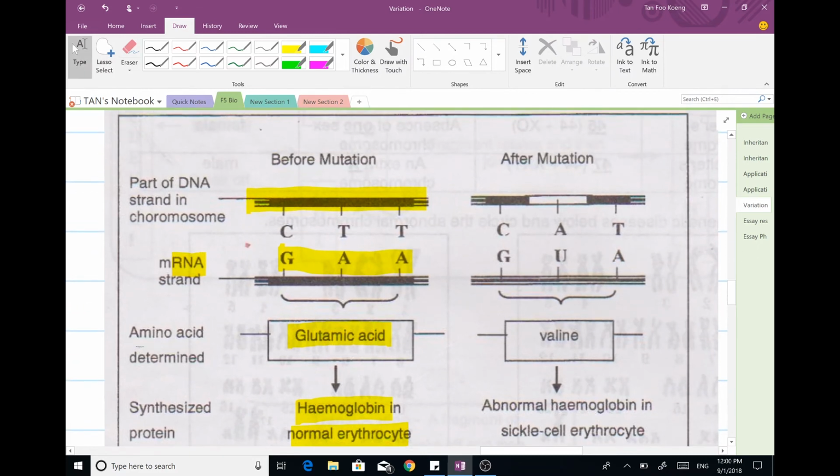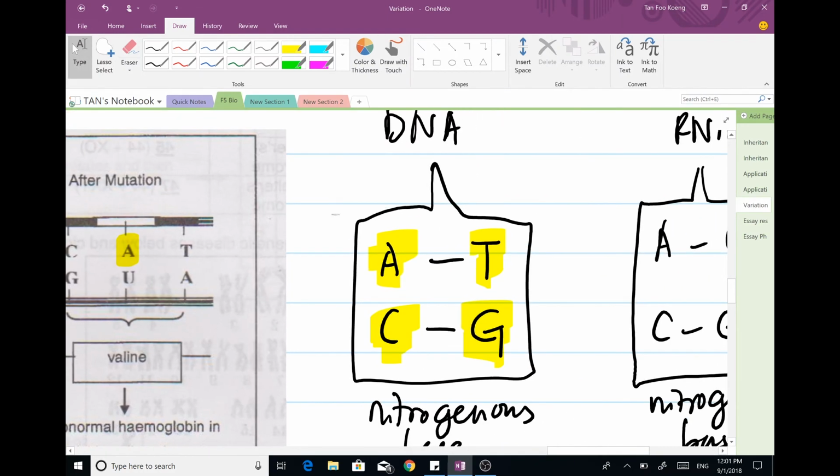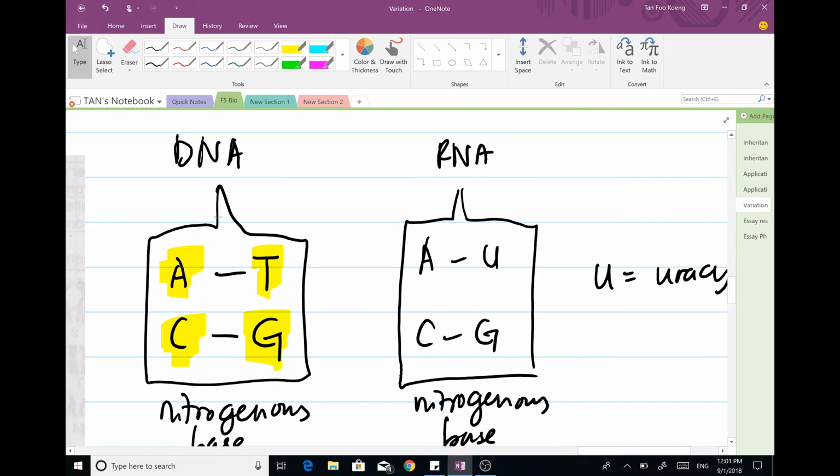However, if this nitrogenous base is substituted, can you see that the thymine is substituted by adenine? Right now, the RNA will copy the information as GUA. Now, where does the U come from? To explain what the U is, let's look at this diagram.